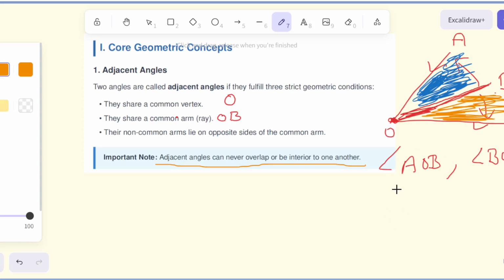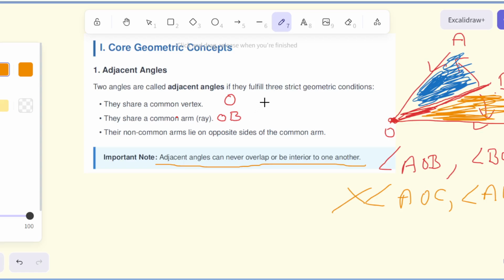If I had taken angle AOC and AOB, those would not have been adjacent angles. Why?